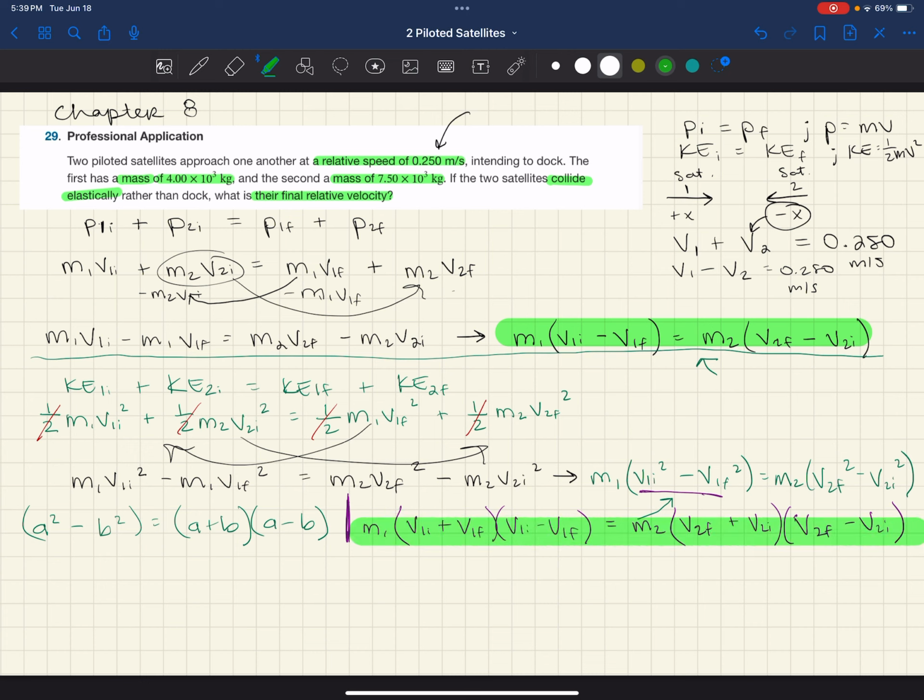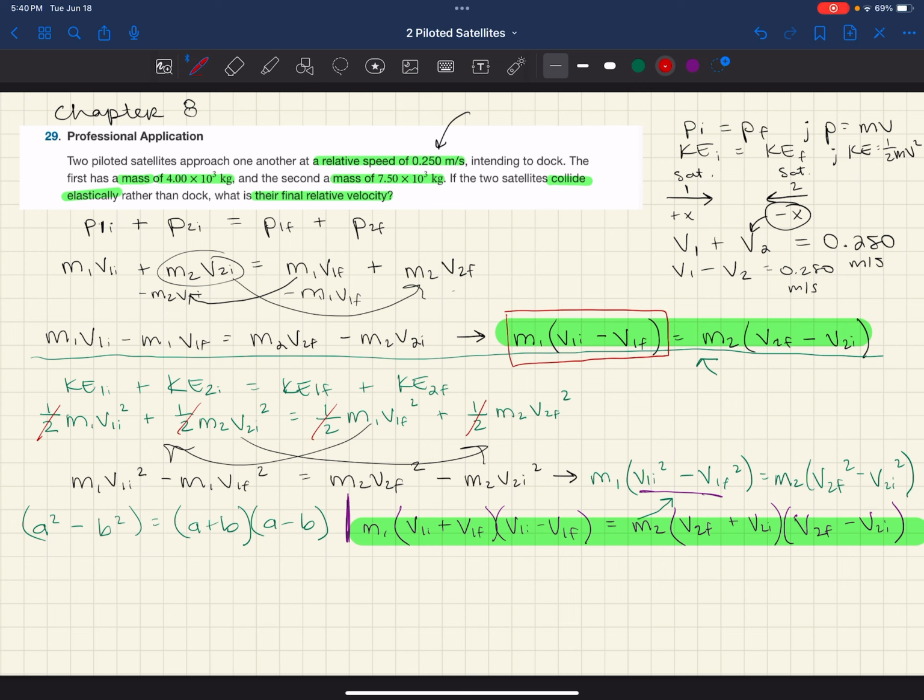So here's what I've gotten so far, this and this. And if you look very carefully, I hope you notice that there's one part of each equation that looks the exact same. So I have this term here. Well, technically we could do this either way, but I'm going to choose this side. So m1 times v1 initial minus v1f.